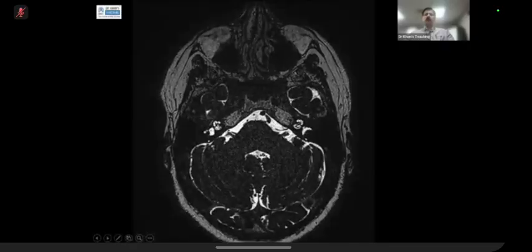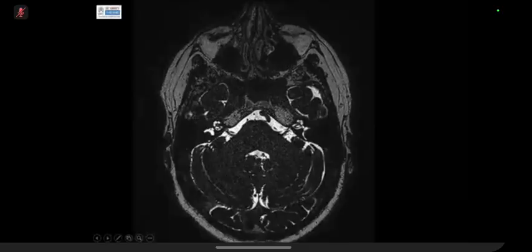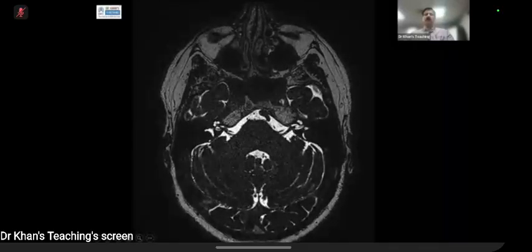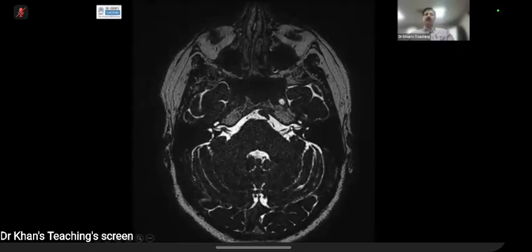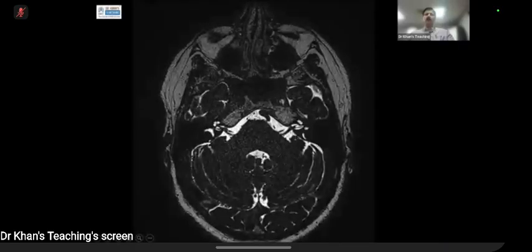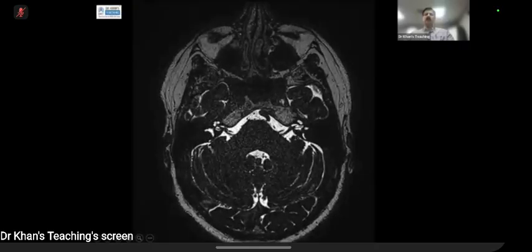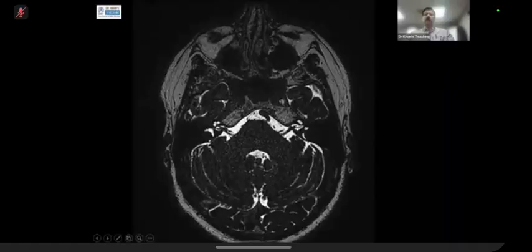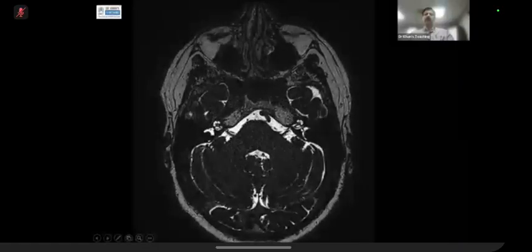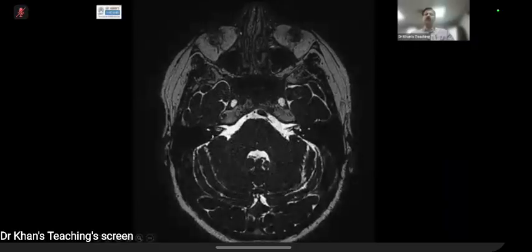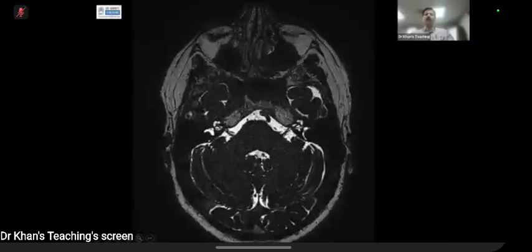This is a bit of a repetition, nothing much. I'm sure you already know it. This is that flower, the cochlea, and you can see this nerve going here. If you trace it backwards, it joins these nerves. On an axial sequence, you cannot make out which is the superior and which is the inferior vestibular nerve.